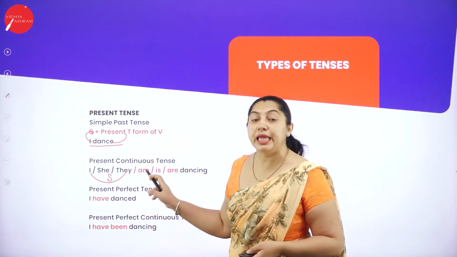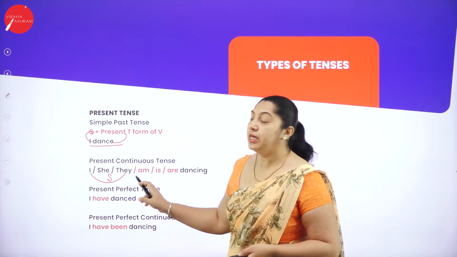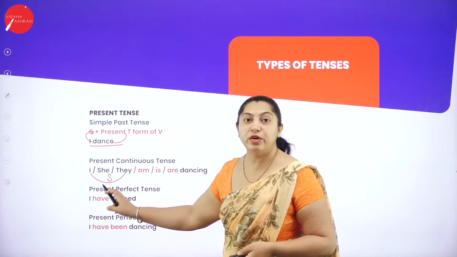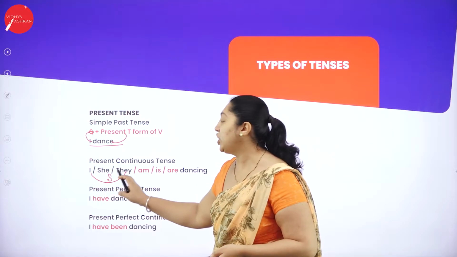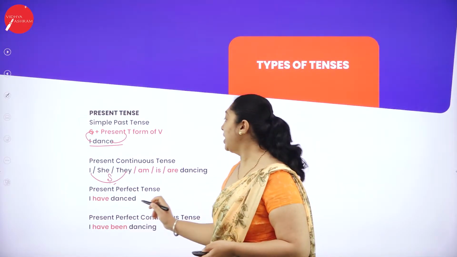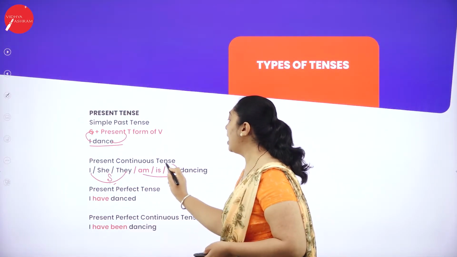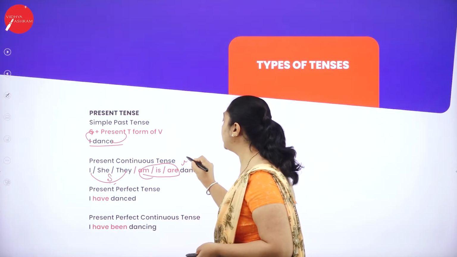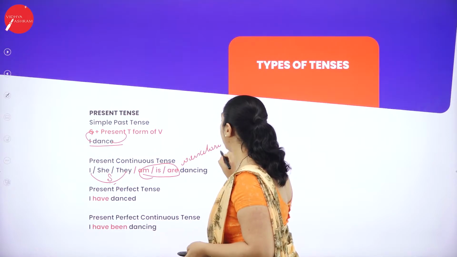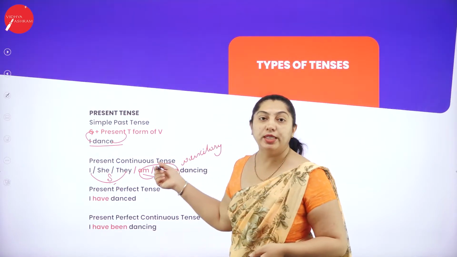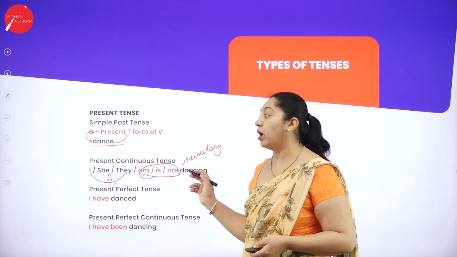Don't forget that. Keep it in mind that when the auxiliary verb changes, so do the tenses. Here I, she and they are the subjects. Am, is and are are the auxiliary verbs or helping verbs.